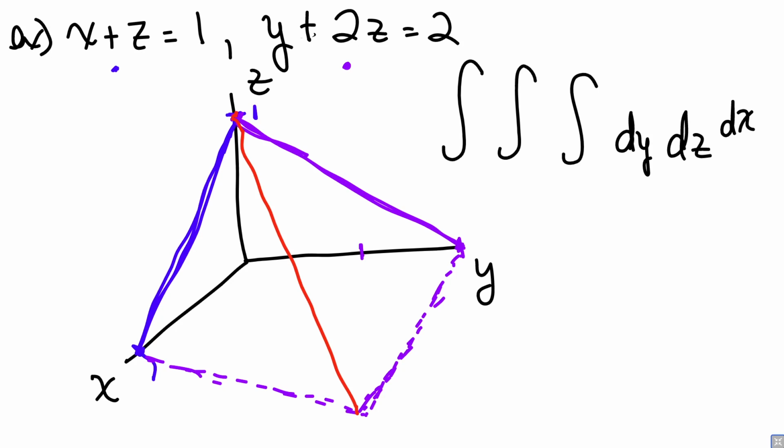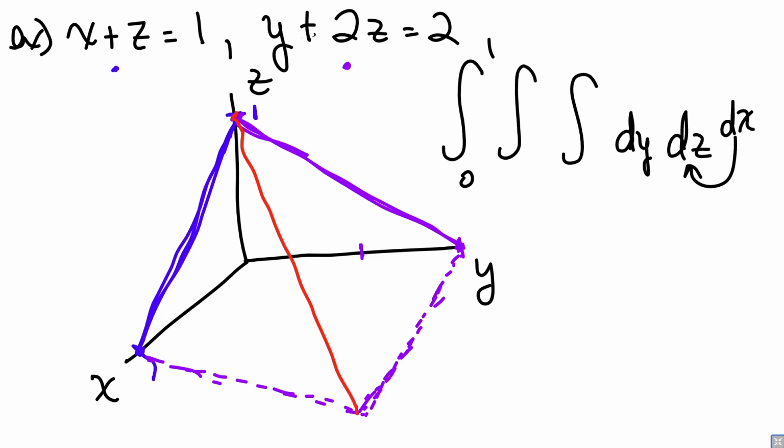Now, if x is going to be last, that means x has to be in numerical values. What would be my numerical values for x? 0 to 1. Right. Now the next level is z.